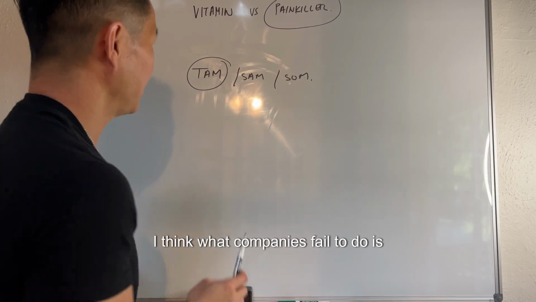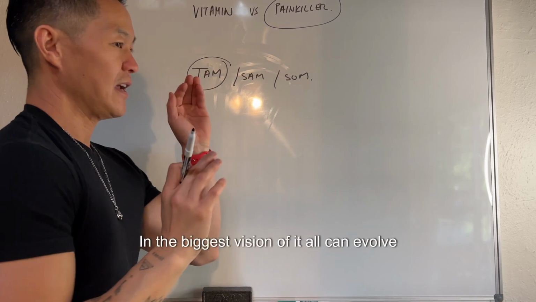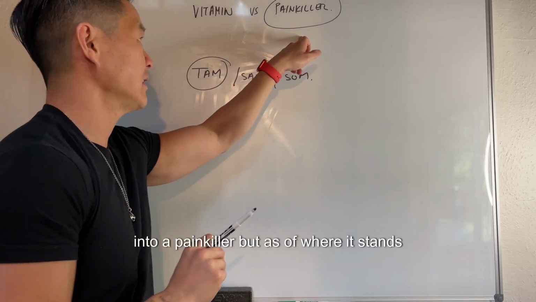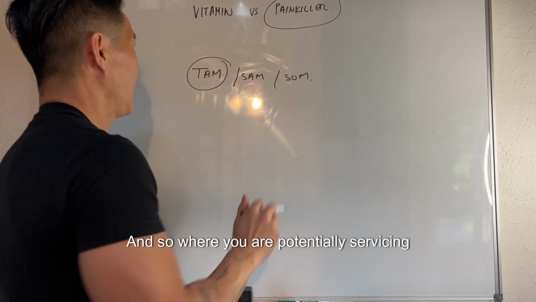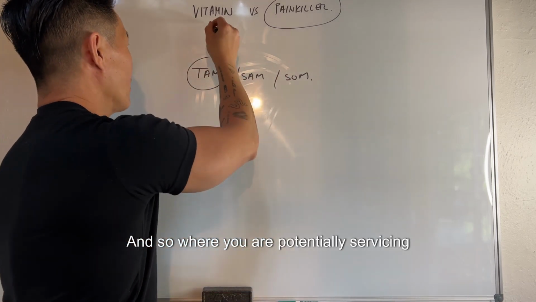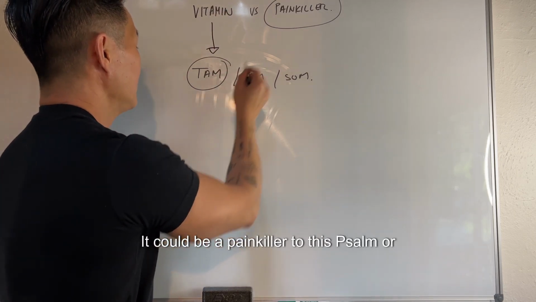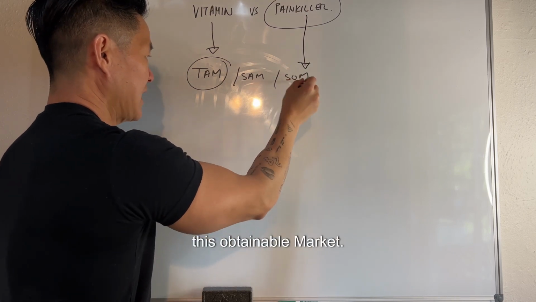I think what companies fail to do is realize that your product, in the biggest vision of it all, can evolve into a painkiller, but as of where it stands today, it's a vitamin. So where you are potentially servicing vitamins to this TAM here, it could be a painkiller to this SOM, or this obtainable market.